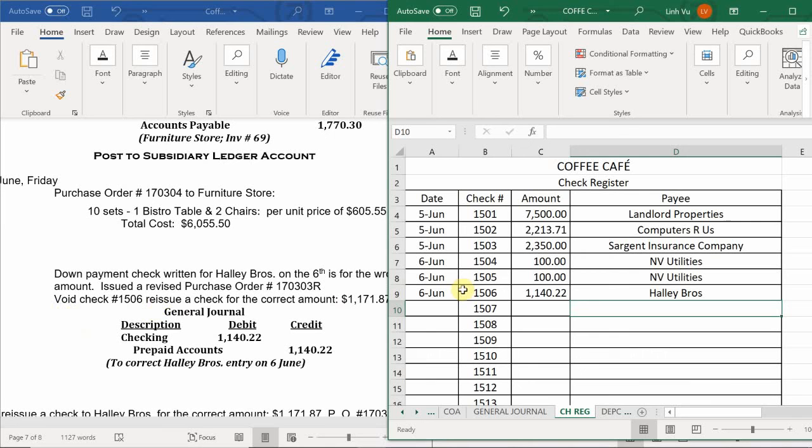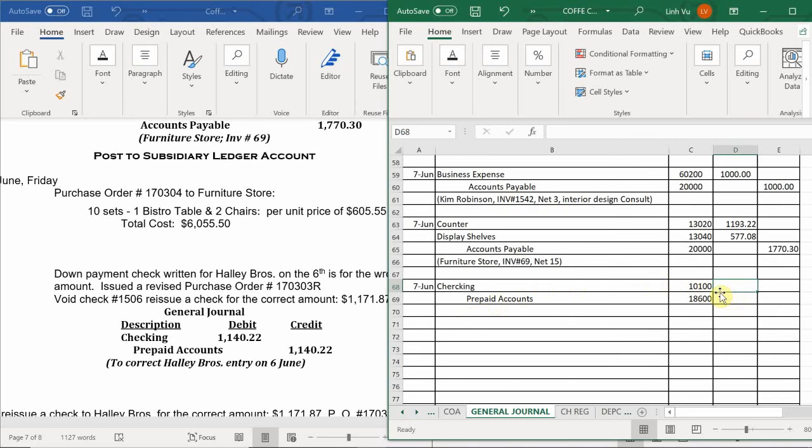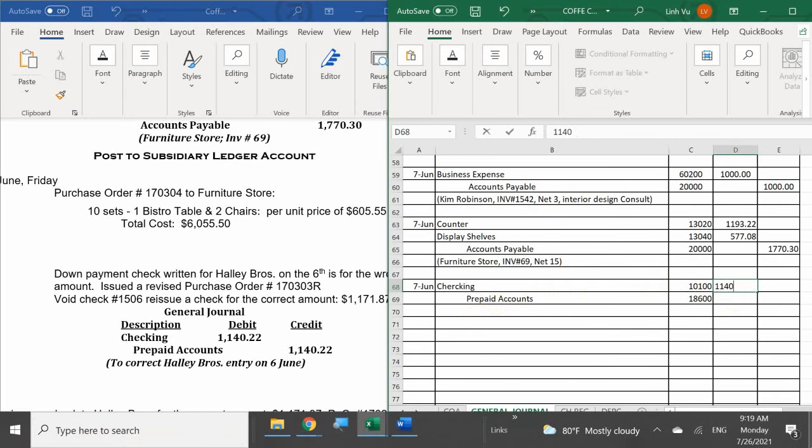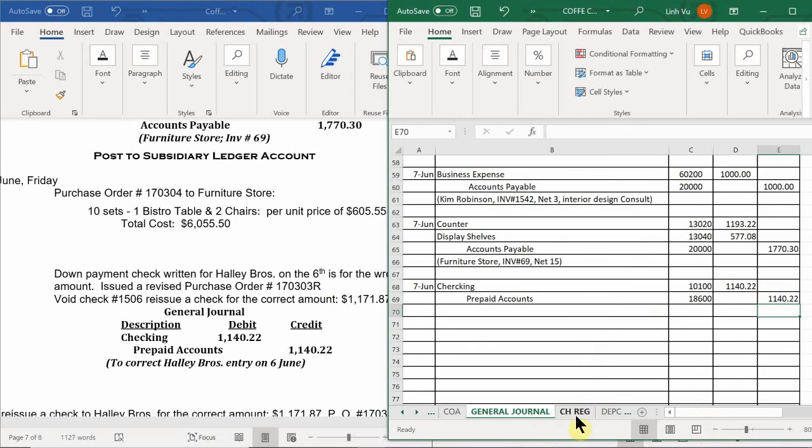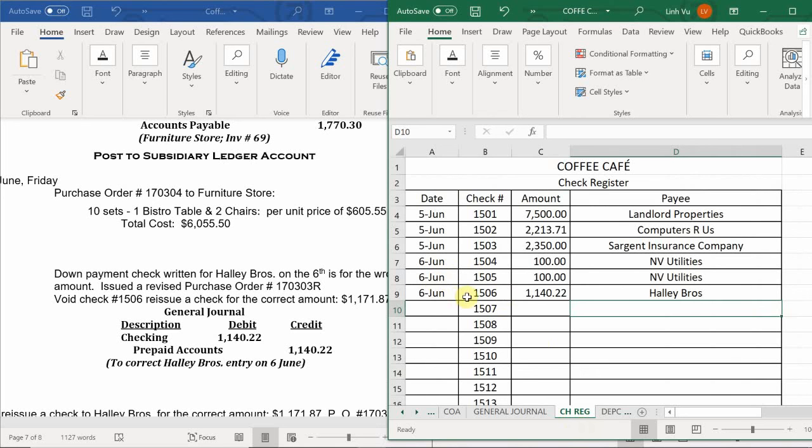Void the check 1506. That's how I picked up that information. So I'm going to go into my general journal and reverse this entry, because what I'm essentially doing is voiding that check. Okay. So let's go back to my check register and actually void it.